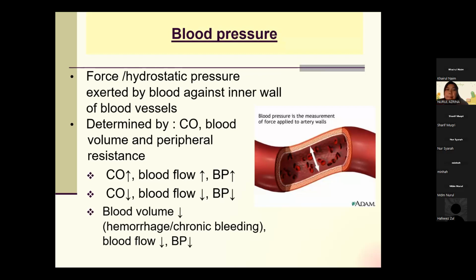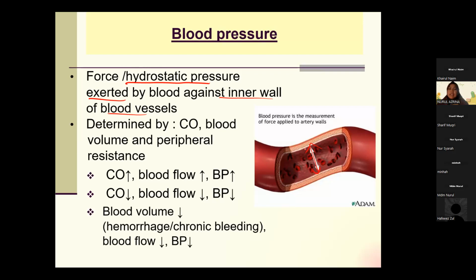Alright. Blood pressure. What is blood pressure? Blood pressure is hydrostatic pressure exerted by the blood against the inner wall of the blood vessel. So the force or pressure given from the blood to the inner wall of the blood vessel, we call it blood pressure.